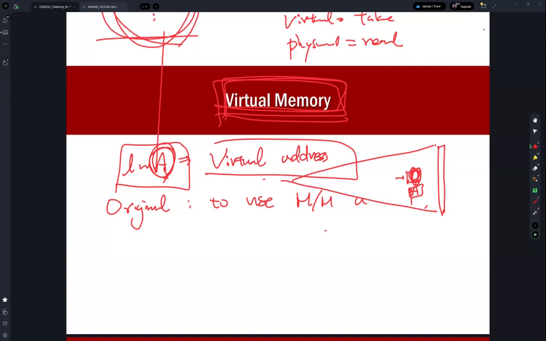So it's called memory management. You may have heard about the MMU, the memory management unit. This is the hardware component that supports the virtual memory. Then why do we need to use the virtual memory concept currently?